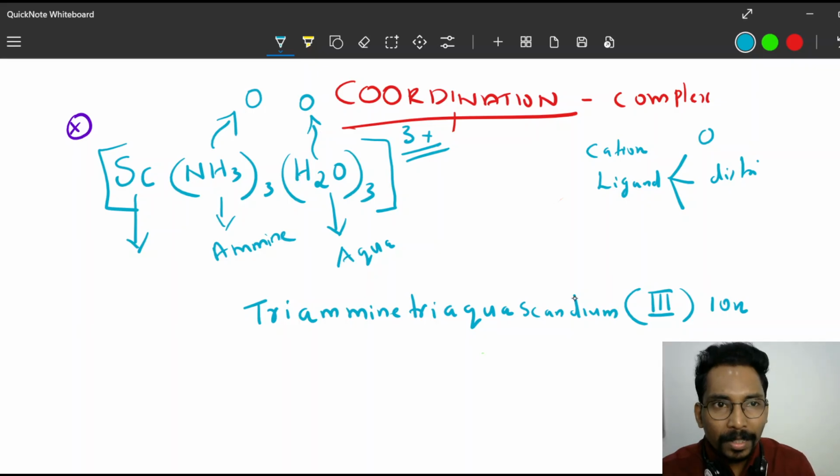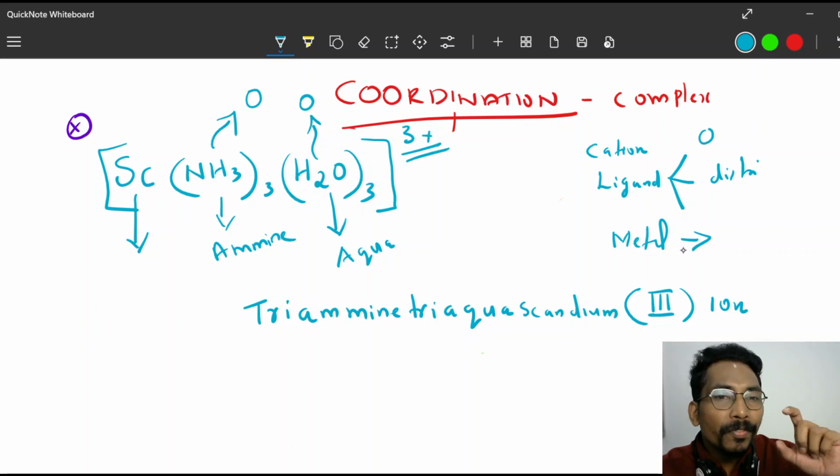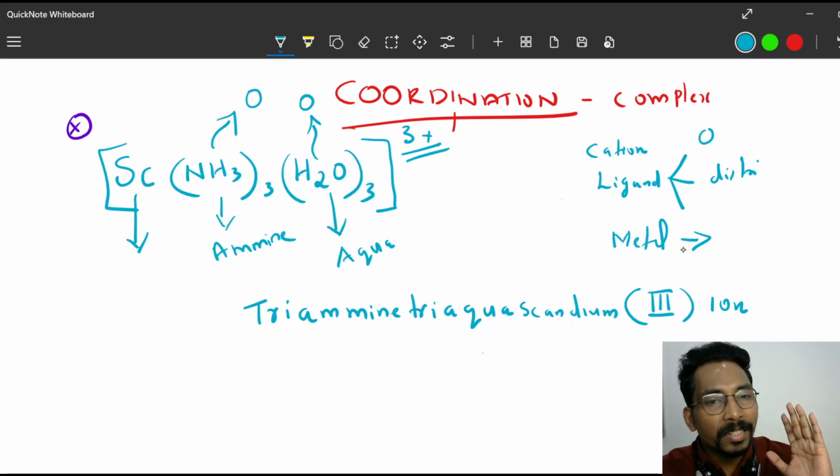Then when it comes to the central metal atom, after the ligand you can name the central metal. What you have to remember is, you can directly write the name of the central metal atom if the coordination sphere is positively charged.